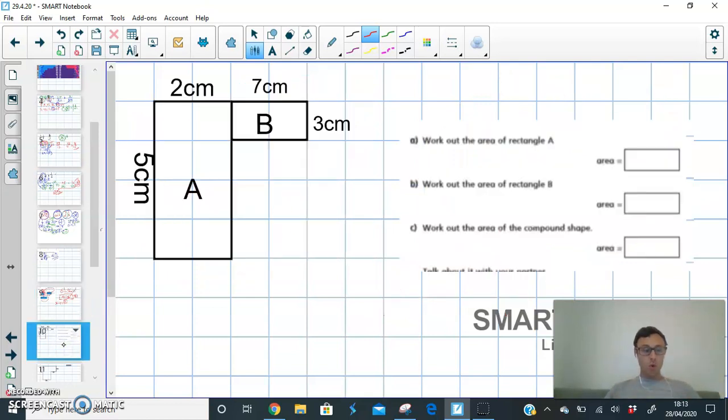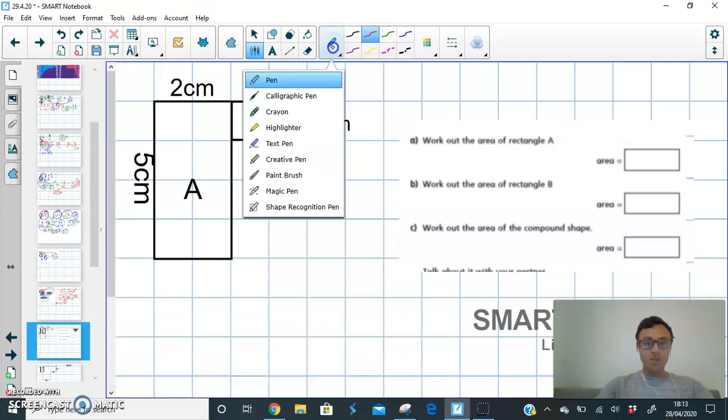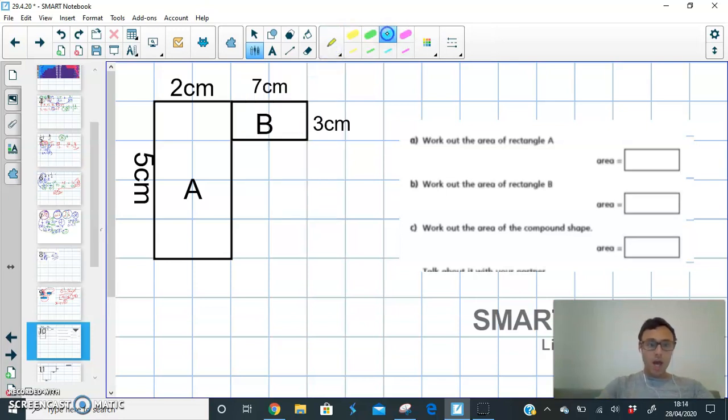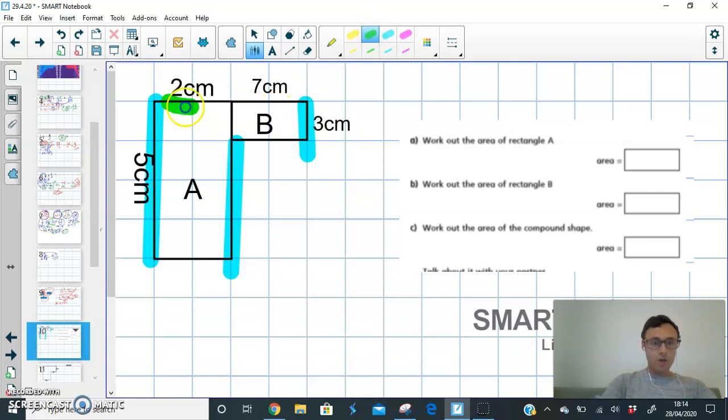Now then, some of you have got questions that look a bit like this. Remember to get your 2 colours out and do all the ones going in the same direction. I'm not doing this part here because this is a compound shape. It's one shape joined together. So I've done those in that colour. Green, green, green. I have got some missing sides that I need to work out.